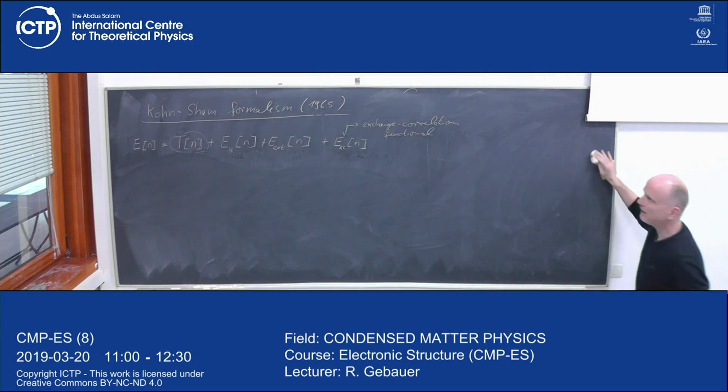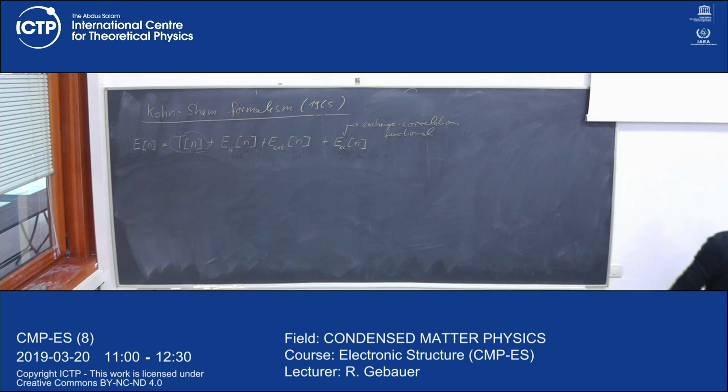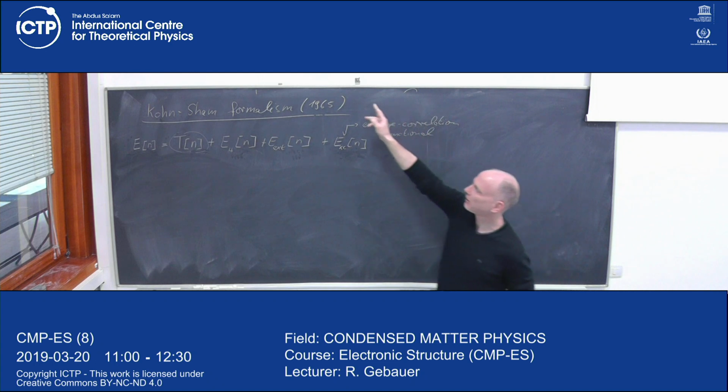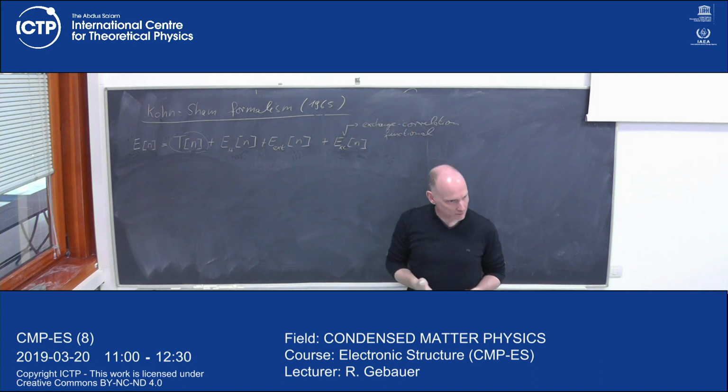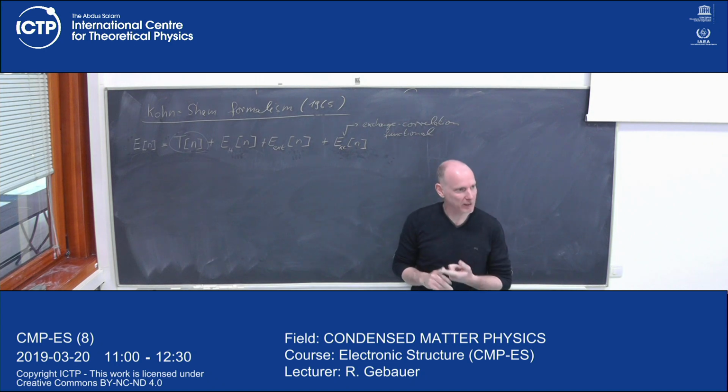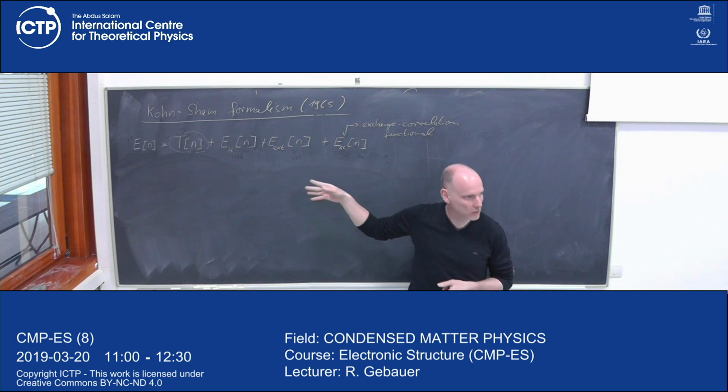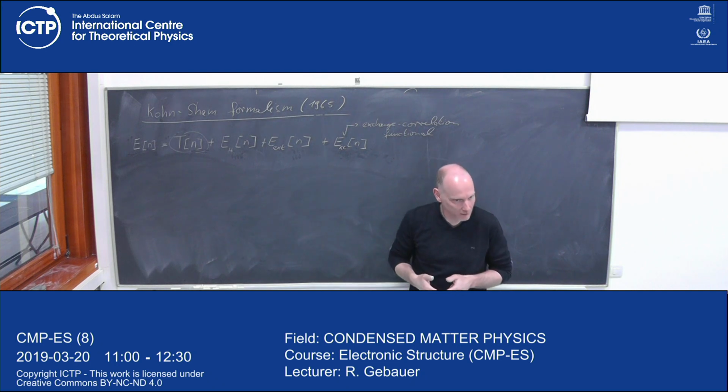And I think the real power of Kohn and Sham and of this 1965 paper was that even at the time when they had very limited computers to do things, they had already understood many things. They understood they cannot use Thomas-Fermi even with the von Weizsäcker correction for the kinetic energy. They had the idea of replacing that kinetic energy with fictitious orbitals, which is, I find, already a good idea.